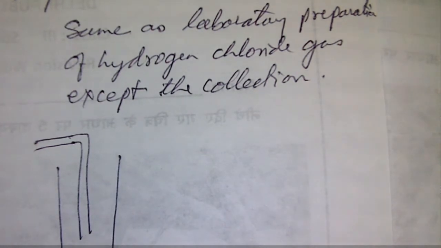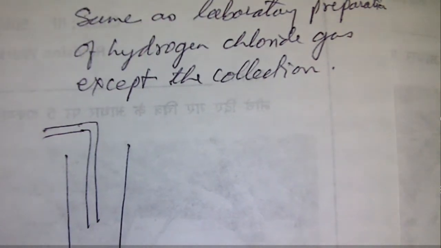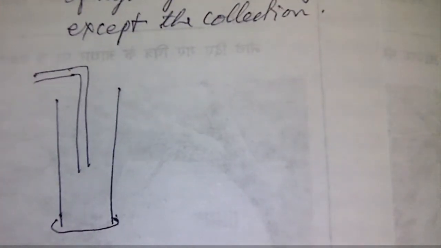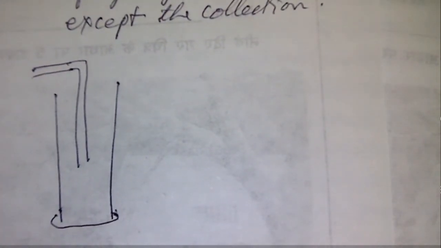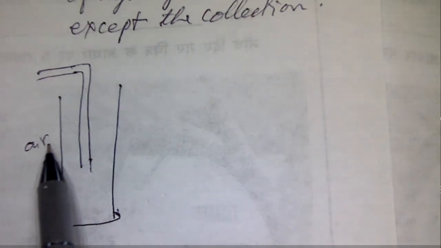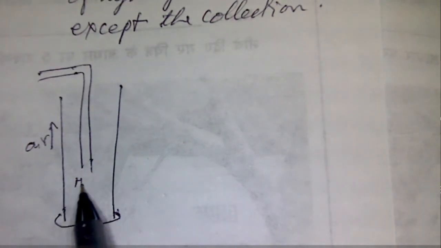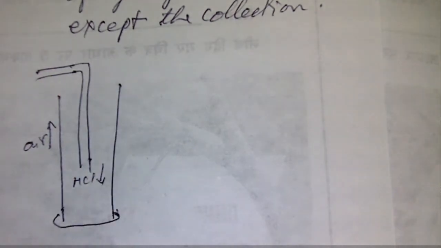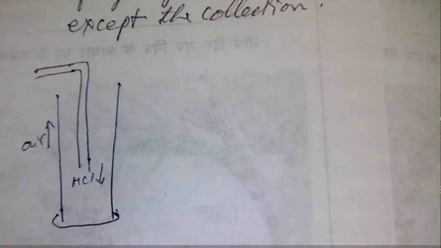Hydrogen chloride gas was coming down, isn't it? Hydrogen chloride gas was getting filled here. Air moves upward and HCl gas moves downwards. That's what we had done. What do you call it? It was upward displacement of air.